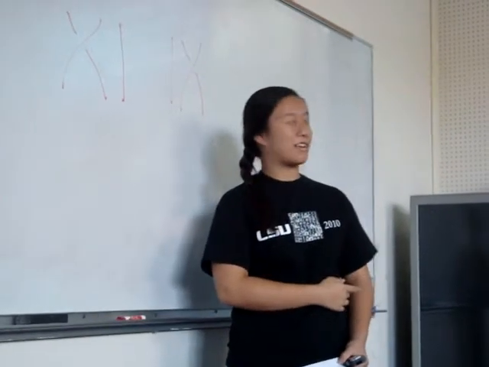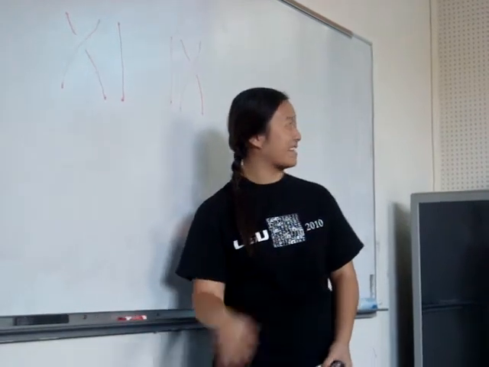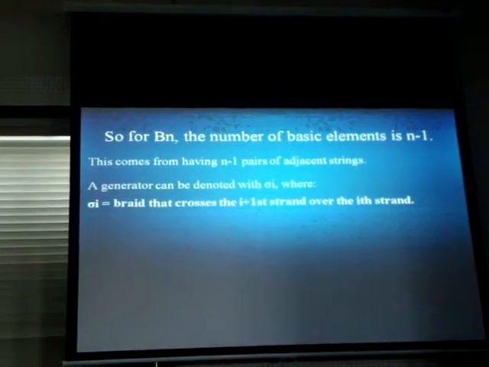Something happened with our PowerPoint, so it's not subscripted anymore, but it's supposed to be. So sigma sub i is equal to the braid that is the basic element where the (i+1)th strand crosses the ith strand.